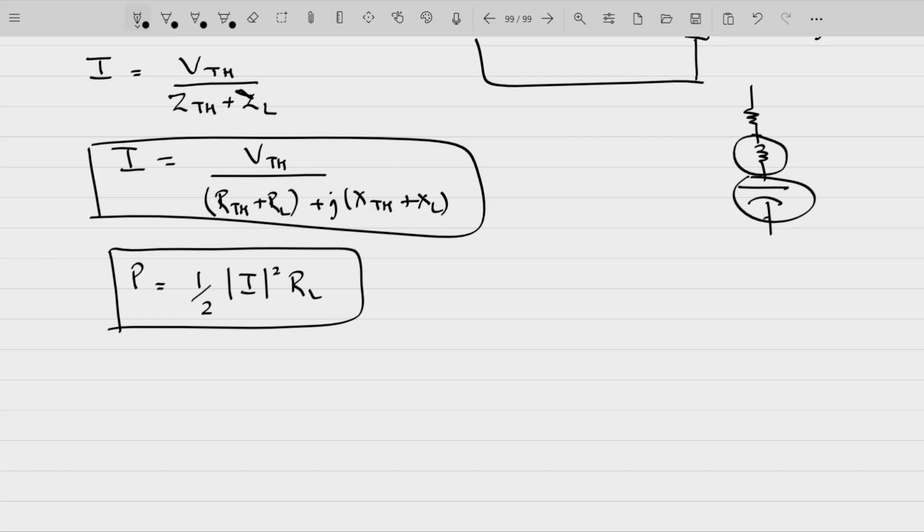Now we want to find out the maximum point of this power. How much can be the maximum value of this power that can be delivered to the load. Fine.